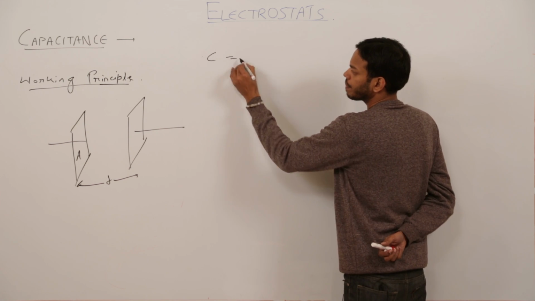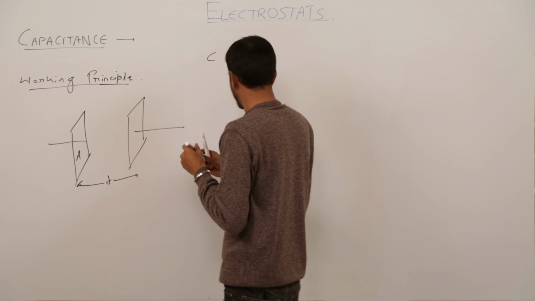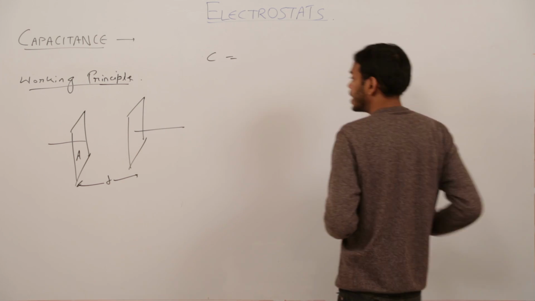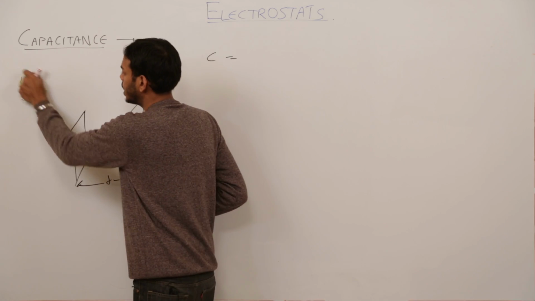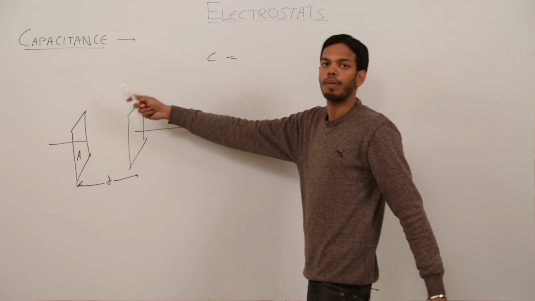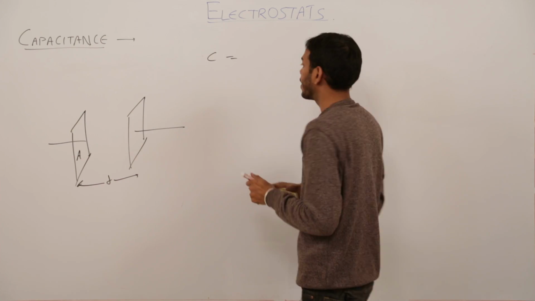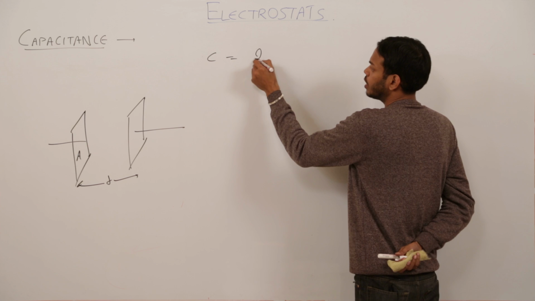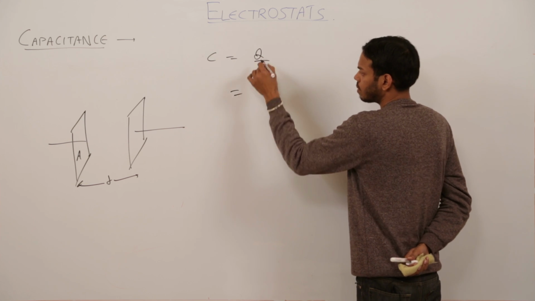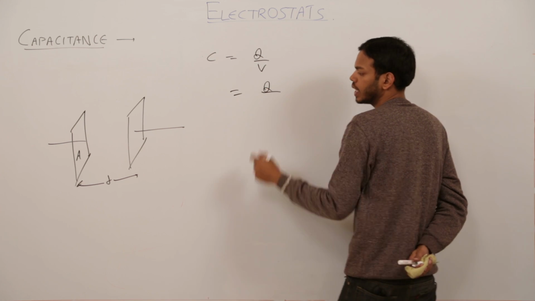The expression is very simple. Write down that this is the capacitance of a parallel plate capacitor. That should be the heading. C is equal to Q upon V. What is V?